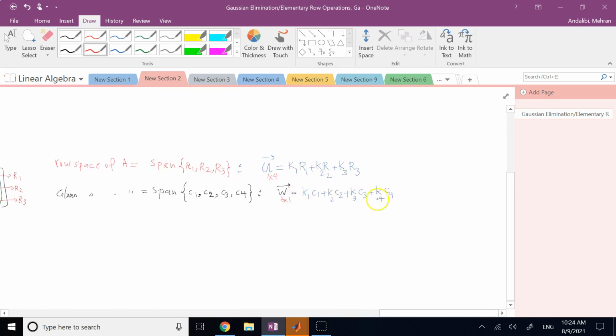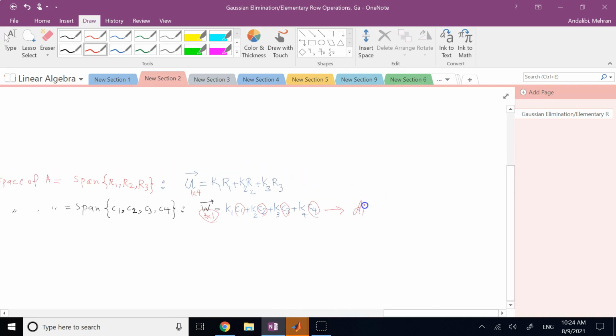In this case, it might be kind of clear why the dimension of the column space is at best 3, because all of these vectors are 3 by 1. So the space formed by C1 to C4, or any combination of them, is going to be a 3D space, correct? So the max dimension of this column space can definitely be 3. When is it max? When these columns are all linearly independent.